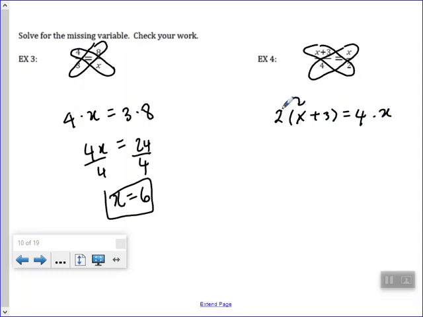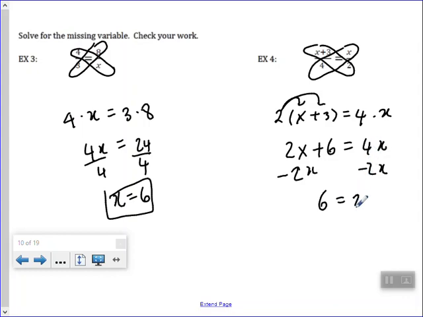You can distribute: 2x plus 2 times 3 is 6 equals 4x. Then subtract 2x on both sides. 6 equals 4x minus 2x, which is 2x. Then divide both sides by 2. x equals 3.